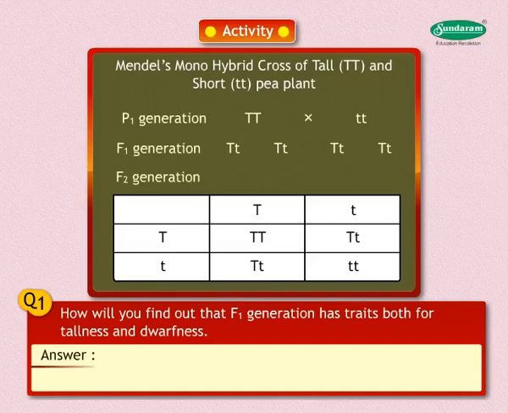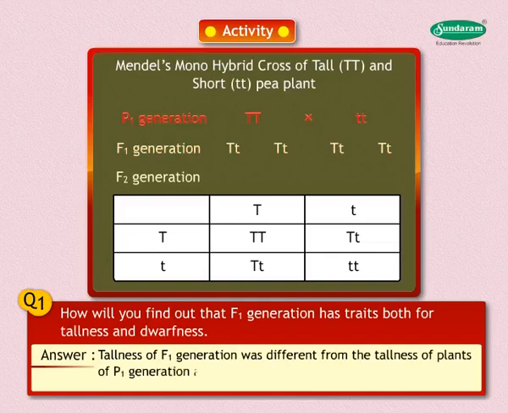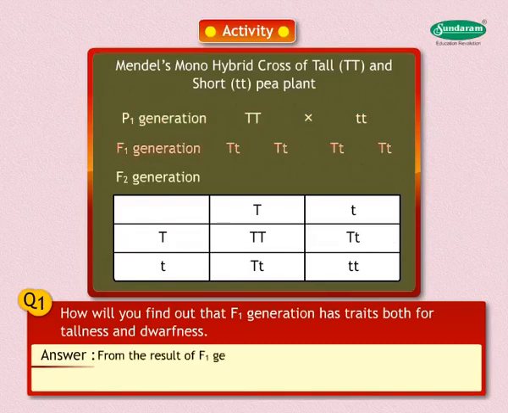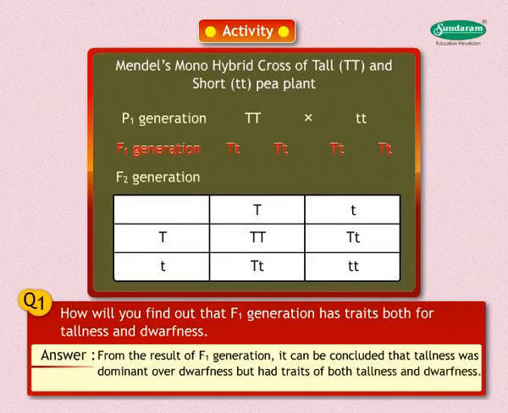Answer: plants of F1 generation were tall. Tallness of F1 generation was different from the tallness of plants of P1 generation, as the F1 generation plants had dwarf parents. From the result of F1 generation, it can be concluded that tallness was dominant over dwarfness, but had traits of both tallness and dwarfness.